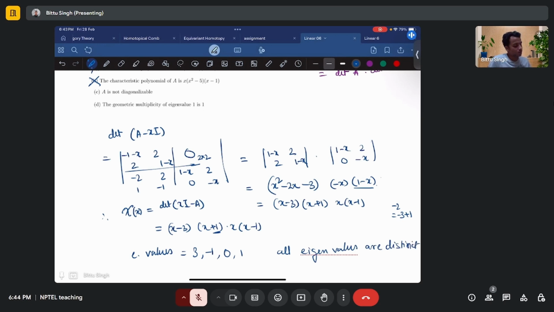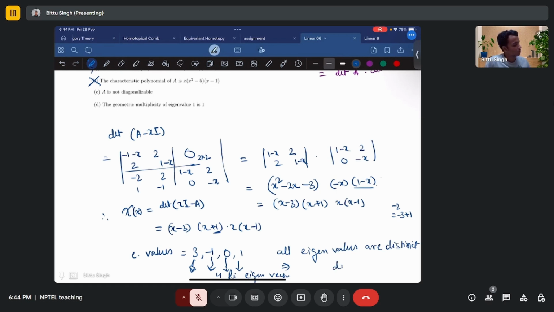If this kind of situation occurs, then it is diagonalizable, because corresponding to distinct eigenvalues we have linearly independent eigenvectors. There are 4 different eigenvalues, so we have 4 linearly independent eigenvectors. 4 linearly independent eigenvectors means it is diagonalizable, because it is already a 4 by 4 matrix.